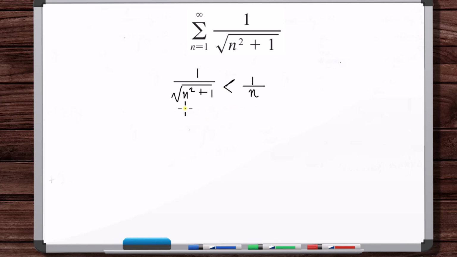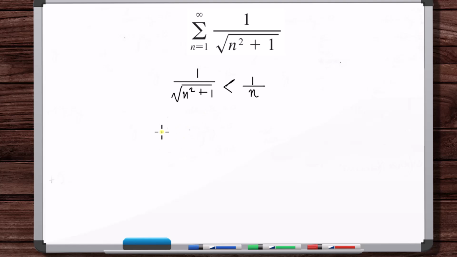We might have a problem where we see that we can't do a simple simplification to get a clean comparison sequence like this. In that case, we'll just go straight to the limit comparison test.